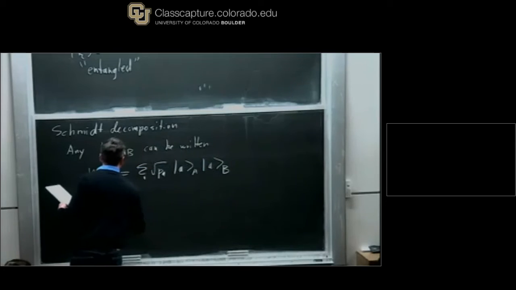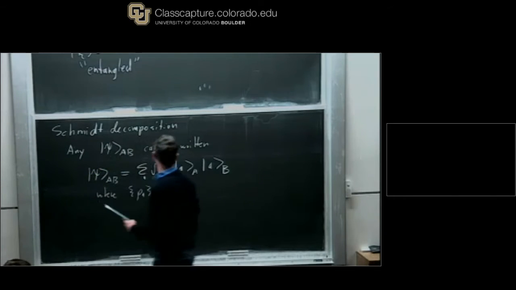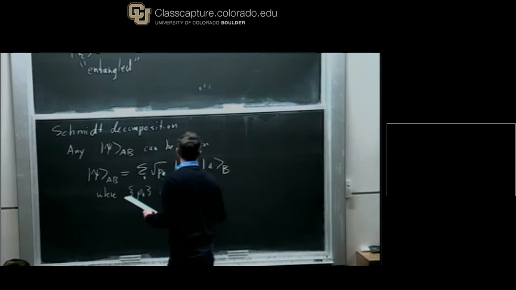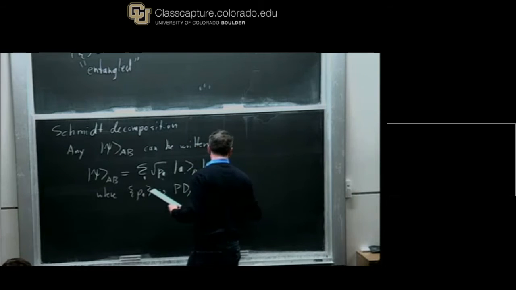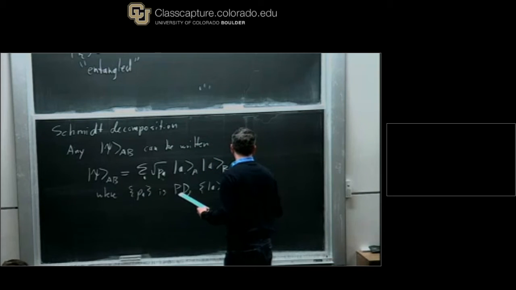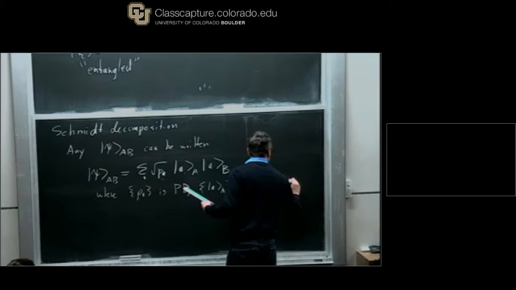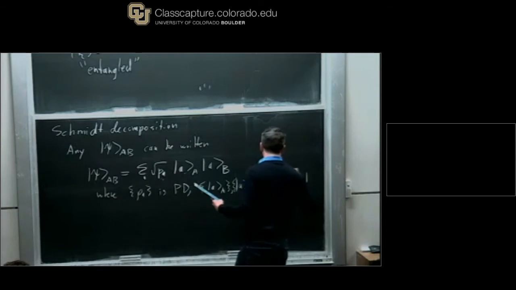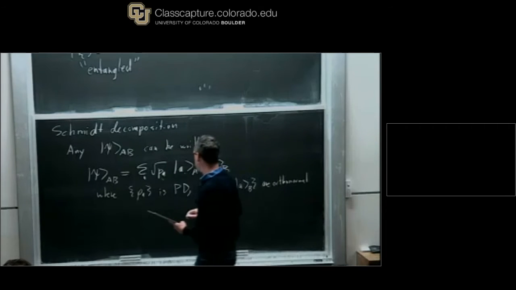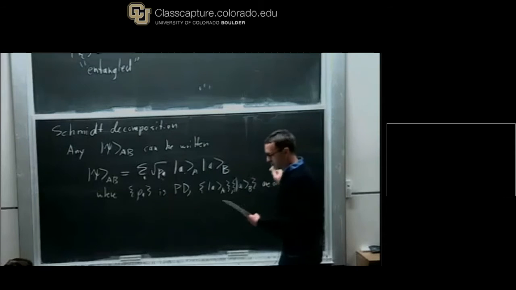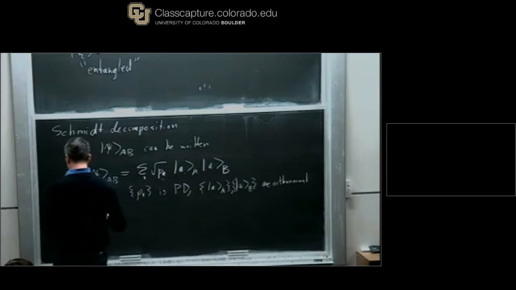So where the squares of the coefficients give you a probability distribution, and these are an orthonormal set. Not necessarily bases. You'll get a basis if, well, actually, let me say that in a second.